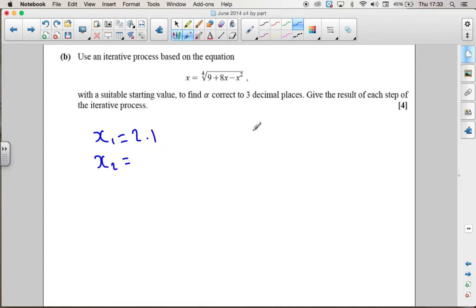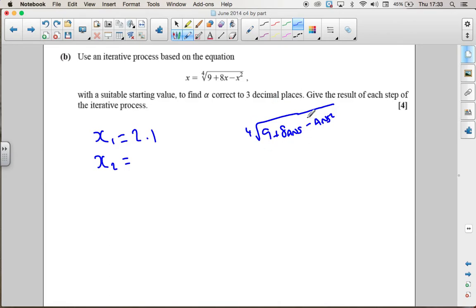I'm going to set it up on my calculator so that I've got the fourth root of 9 plus 8 times the last answer, take away the last answer squared. So first thing I'm going to do is press 2.1 on my calculator and press equals. And now I'm going to type this in here, because my last answer is now 2.1.